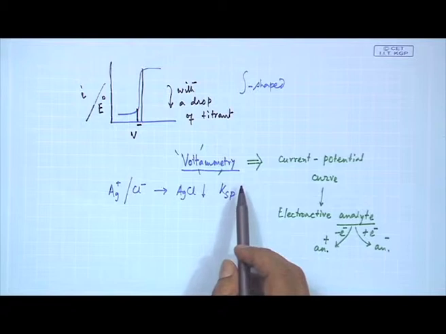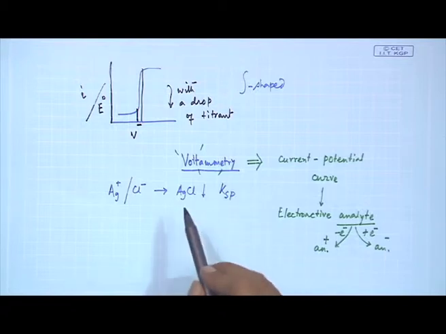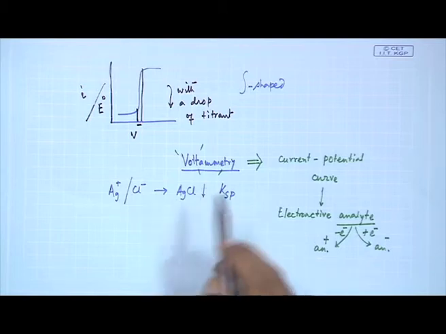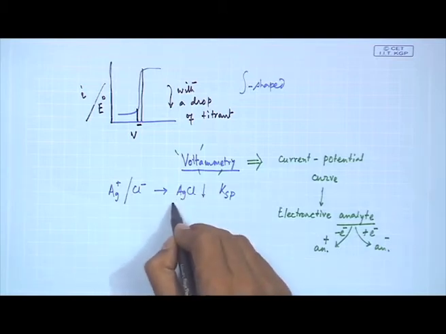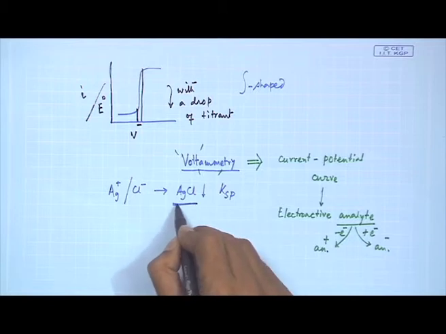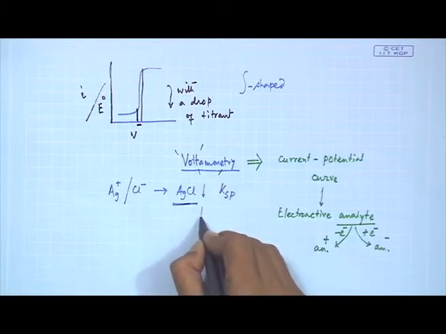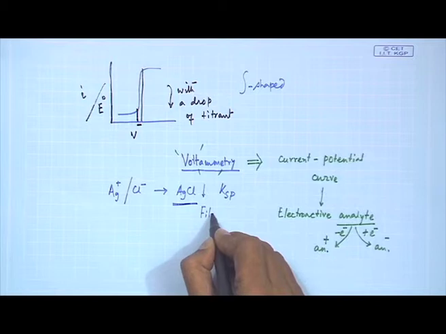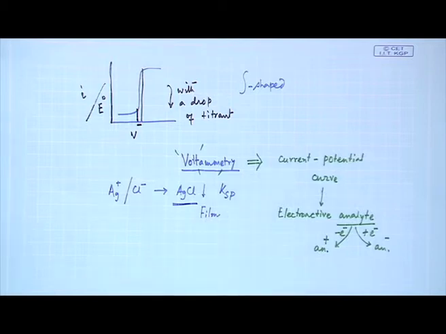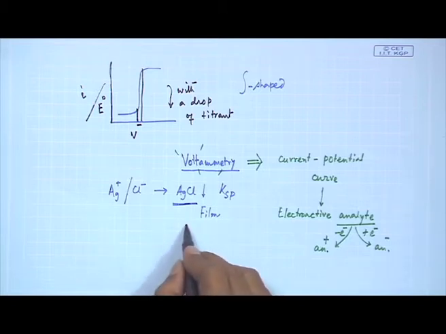If you exceed the solubility product, that means the multiplication of the concentrations of these two ions, you get precipitation. When it initially forms at a very low concentration, it can form a film-like material.